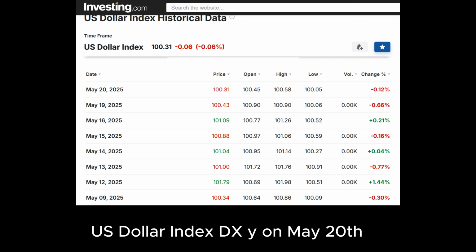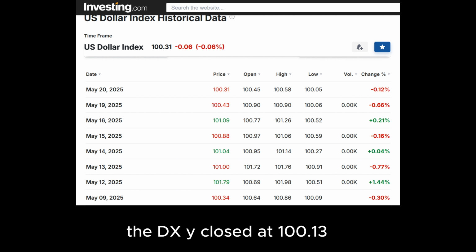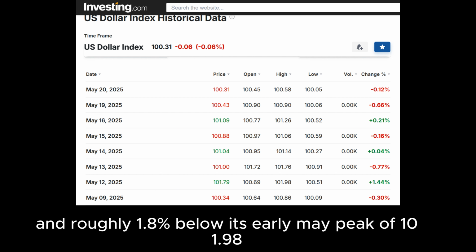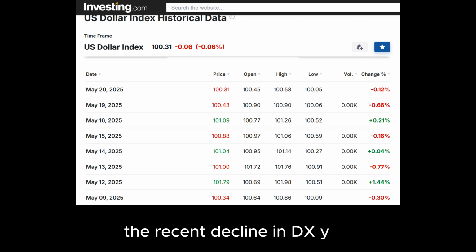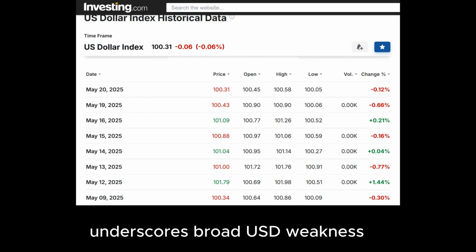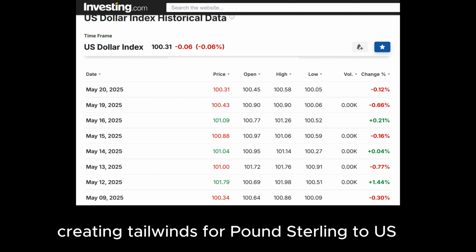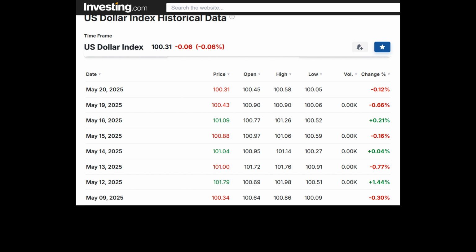US Dollar Index, DXY. On May 20th, the DXY closed at 100.13, down 0.29% on the day, and roughly 1.8% below its early May peak of 101.98. The recent decline in DXY underscores broad USD weakness, creating tailwinds for pound sterling to US dollar rallies.